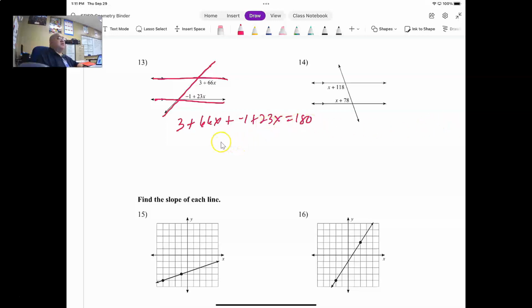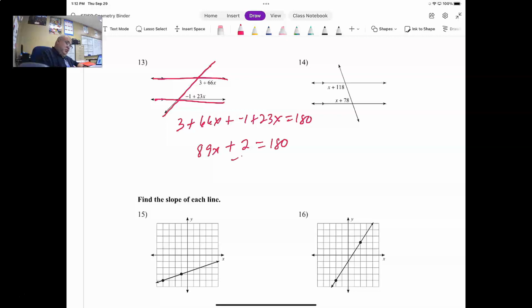What you're going to do first is combine like terms. 3 plus -1 is positive 2, and 66x plus 23x is going to be 89x. So 89x plus 2 equals 180.